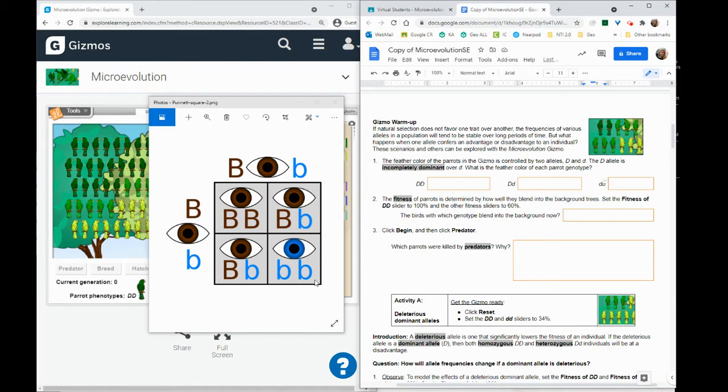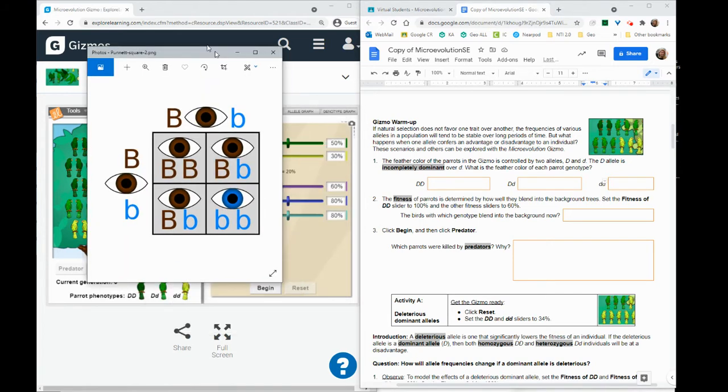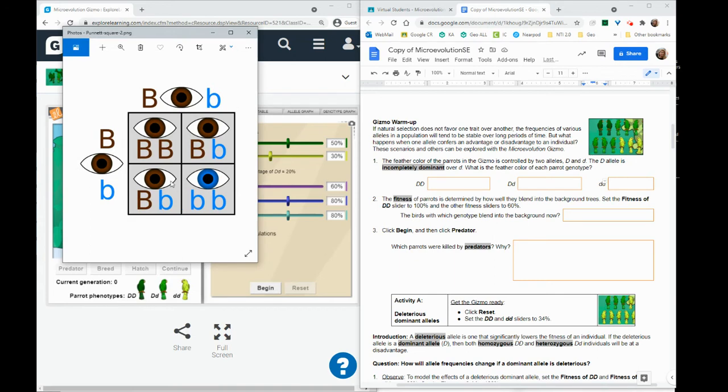That's the only way that a person can have blue eyes. So in this situation, of the offspring, we have three potential genotypes, big B big B, big B little b, and little b little b. But we only have two potential phenotypes. There's either brown eyes or blue eyes.